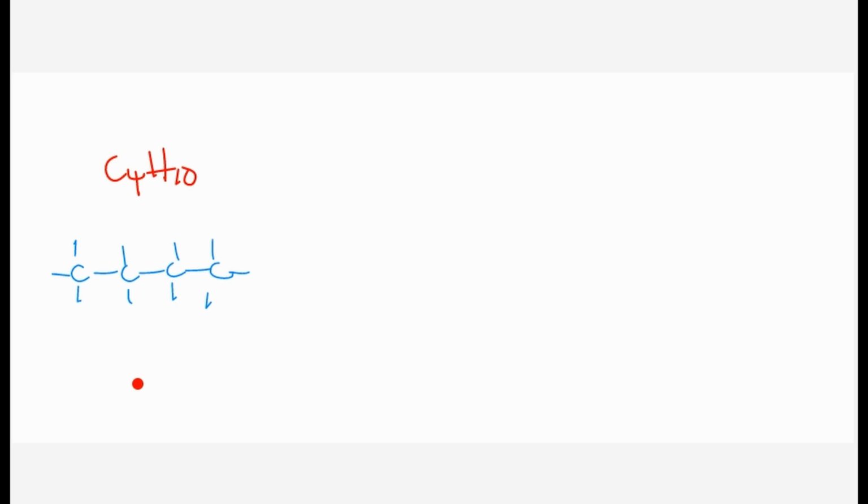For example, if you take a C4H10 molecule, I can draw two isomers: a linear isomer, which is butane, and a branch isomer, which is 2-methyl propane. Right? So these are structural isomers, molecules which have the same molecular formula but different structures.